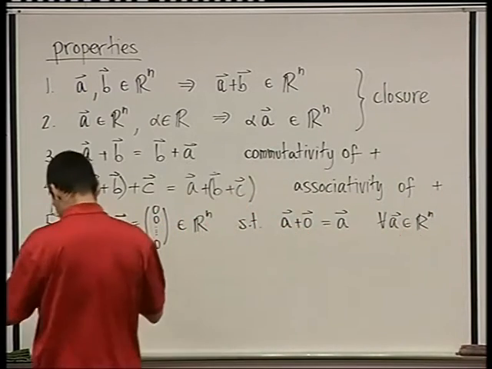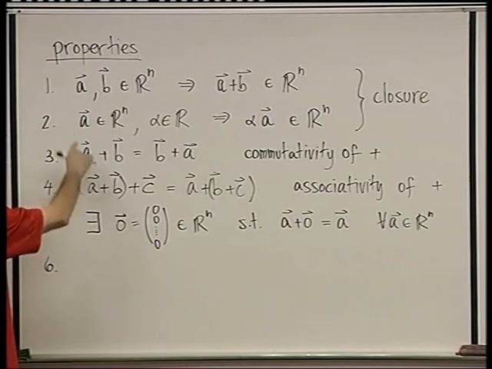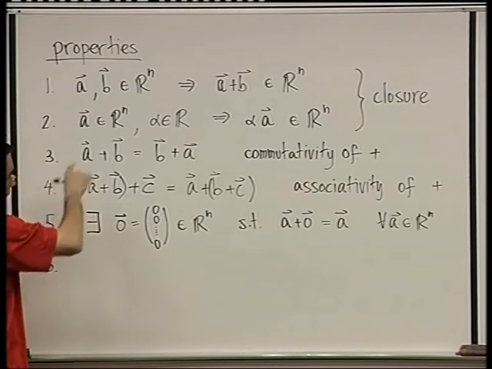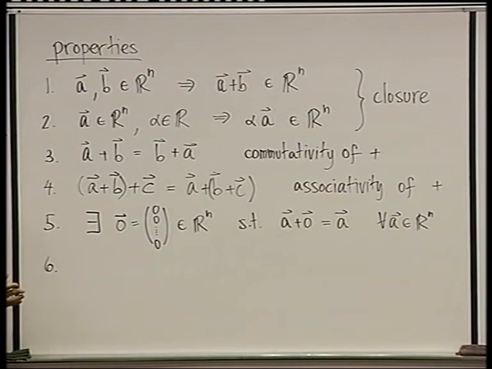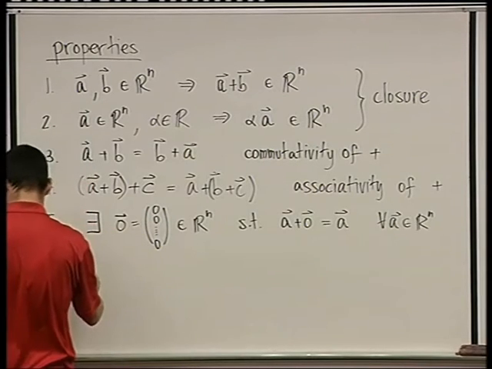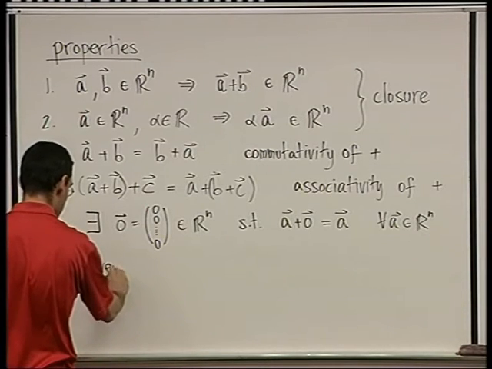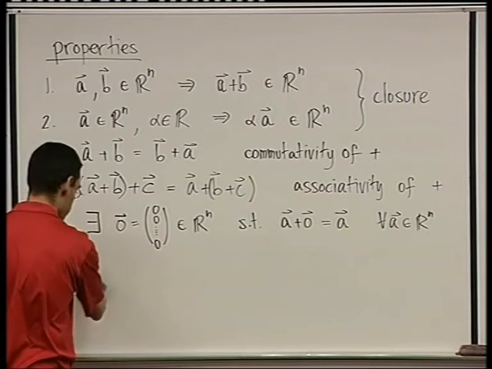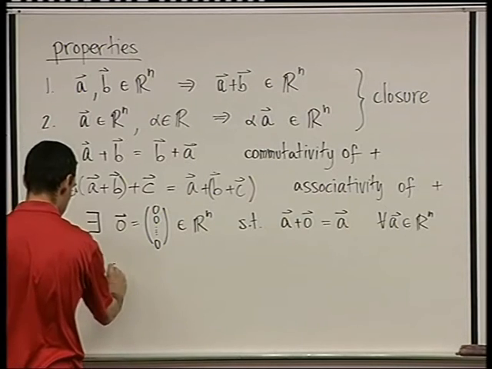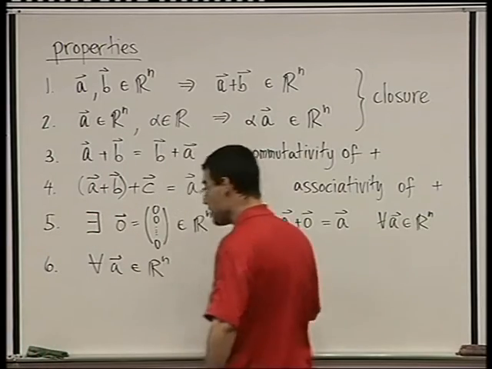Good. Next property. Note that all the properties so far, well, except maybe number 2, are properties of the addition. We're going to then reveal some properties of the scalar multiplication. So, number 6, for every a in Rn, there's an additive inverse.